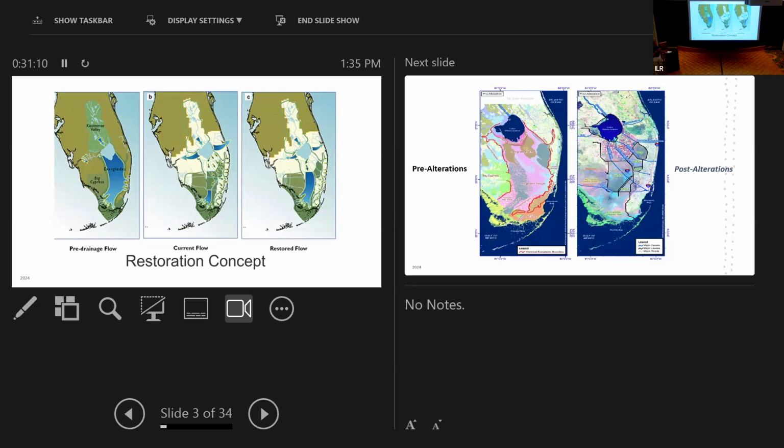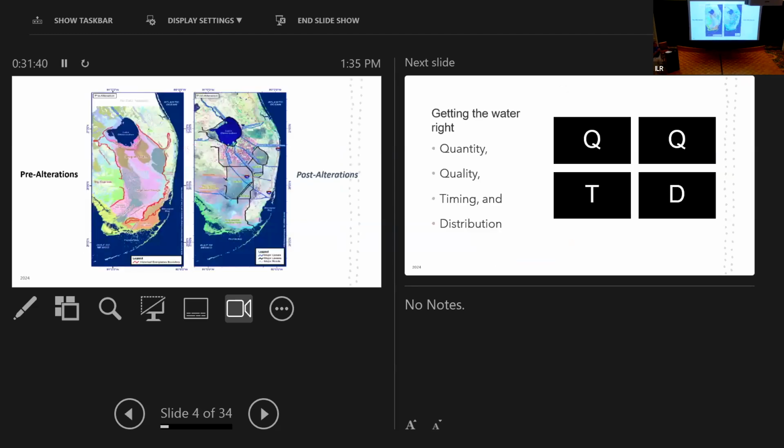So it was to get the water to the East Coast and to the West Coast and off the land, particularly off from Lake Okeechobee, through the St. Lucie estuary and through the Caloosahatchee River estuary to the west. So for the restored flow, we can never get it back to where it was, but we're trying. The whole concept is to move more water to the south and less water to the coast. So that's the whole concept.